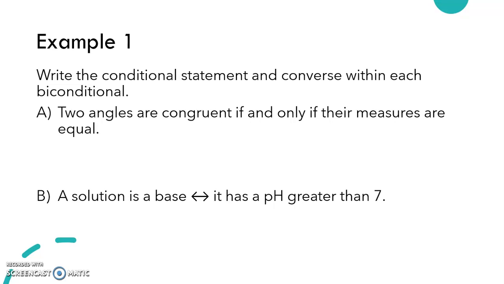For the converse, you're going to switch the order. In part A, it says two angles are congruent if and only if their measures are equal. And in part B, it says a solution is a base, with the double arrow, it has a pH greater than 7. So pause the video, see if you can do that, and then press play to check your answers.